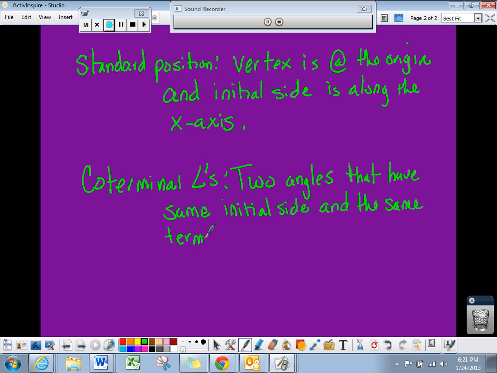I guess you're saying, well, how can you have that? But have different measures. So they have the same initial side and the same terminal side, but they have different measurements. So how can we have that? That's very interesting. Well, that's what we call wrapping.